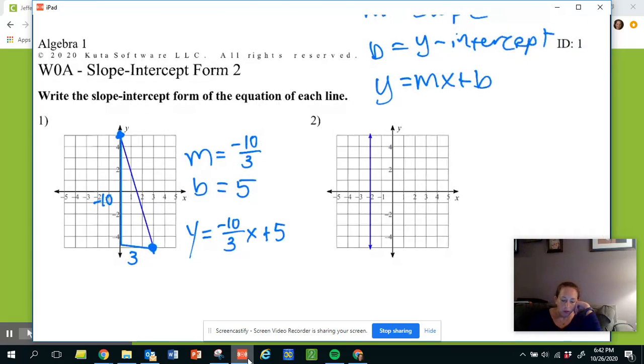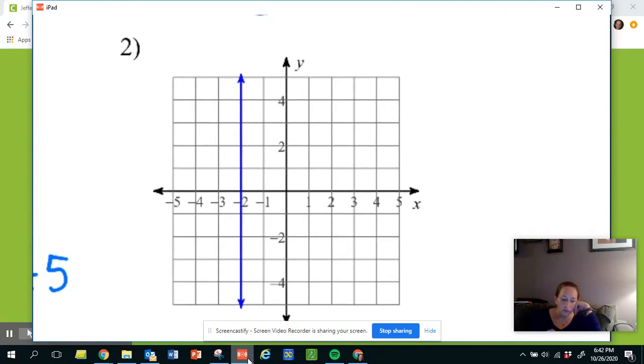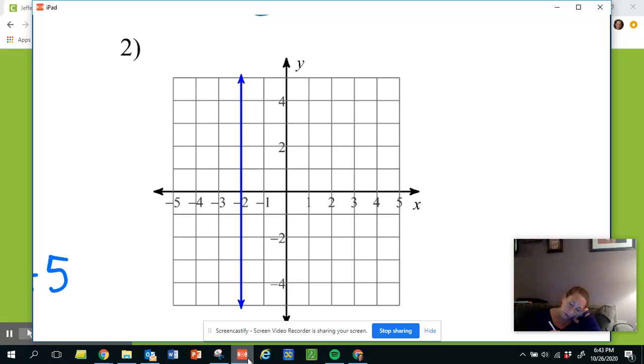Anyway, I put this one on here because it's one of those ones where people always get confused when it's a vertical line. When you have a vertical line, we've talked about this before, it's like you're going up but not over, so your slope is undefined.